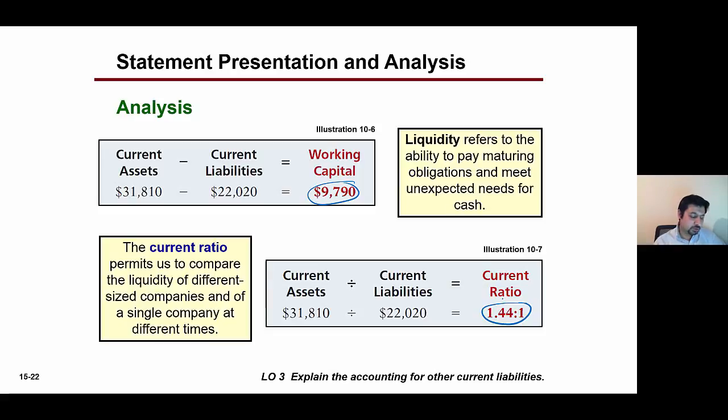Let's say that if Google had a 1.44 current ratio compared to a small company with a 2 to 1 current ratio, the 2 to 1 current ratio would be better. The company with the 2 to 1 current ratio would have better liquidity than a company with a 1.44 to 1 current ratio.